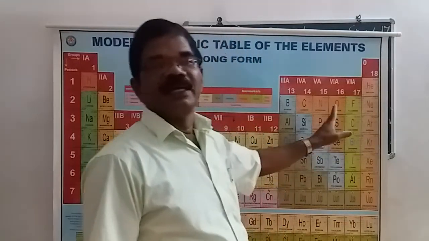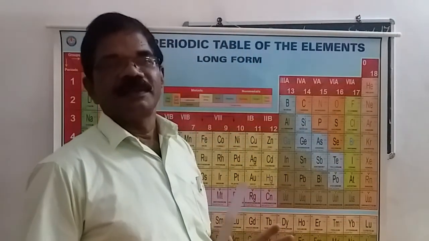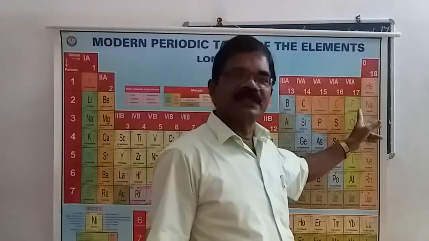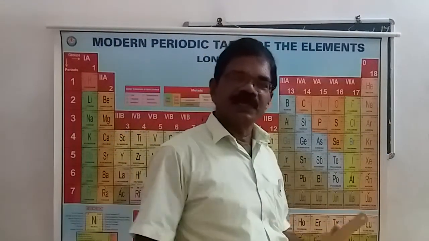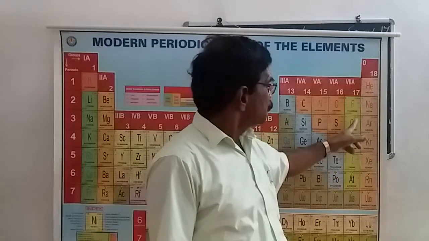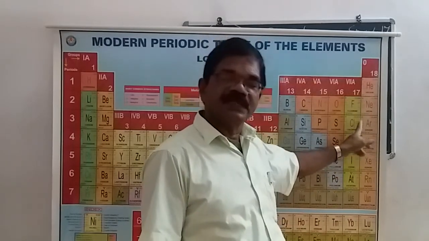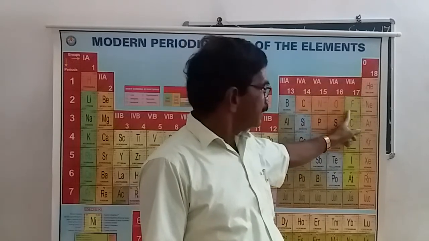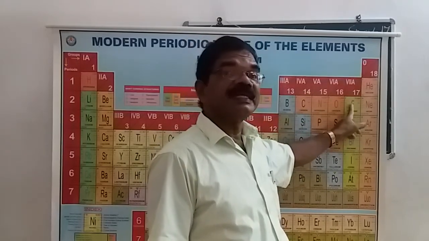Which has the greater electronegativity, the greater tendency to attract electrons? Fluorine, with only 2 shells, can attract electrons more easily towards the center. Otherwise, in chlorine, the electrons are 3 shells far away, so it has less tendency. So fluorine is the more electronegative element.